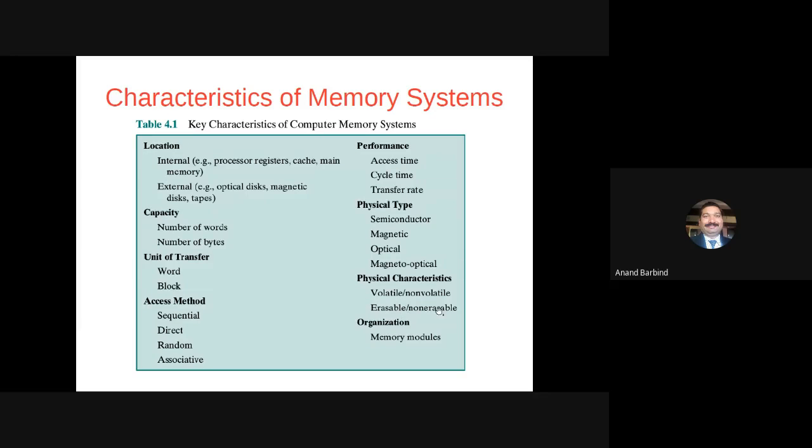Then erasable and non-erasable, usually it is for the optical disk, whether you can erase it or you cannot erase it, or it is applicable to ROM also. If you can modify the contents of that particular memory, it is called erasable, whereas if you cannot modify it, then it is non-erasable. Earlier the CDs used to come, and those CDs you could only write once, and after that it is not possible to write into it.